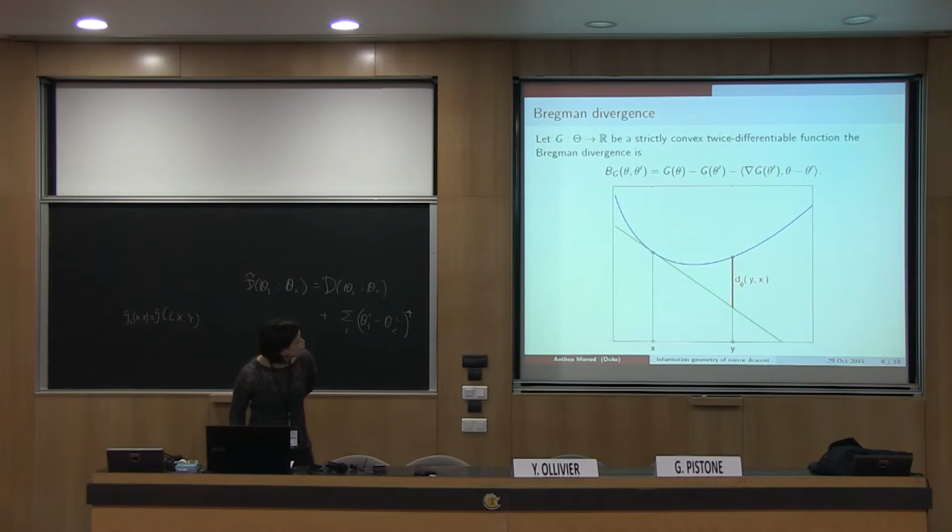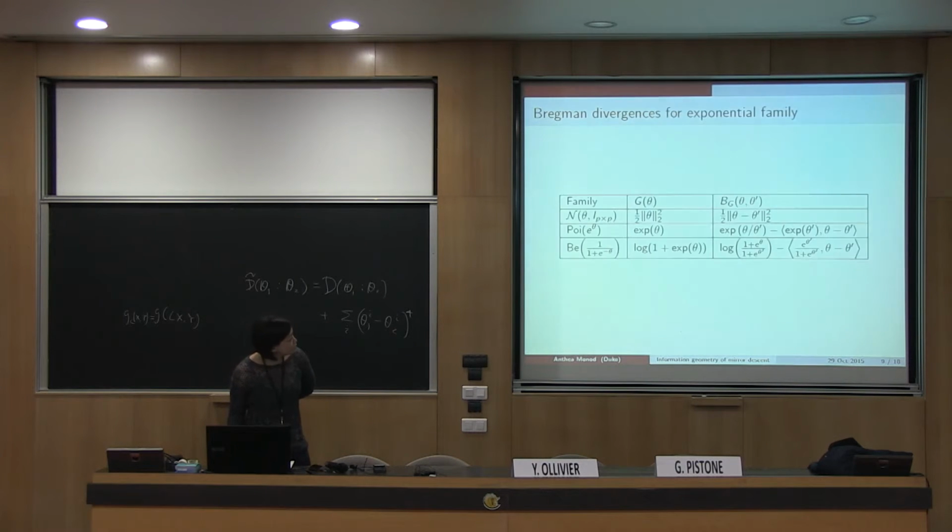We're interested in particular in using the Bregman divergence for our proximity function, which is exemplified here, because it corresponds to the Kullback-Leibler divergence for the exponential family. This is also something which is very relevant in statistics.